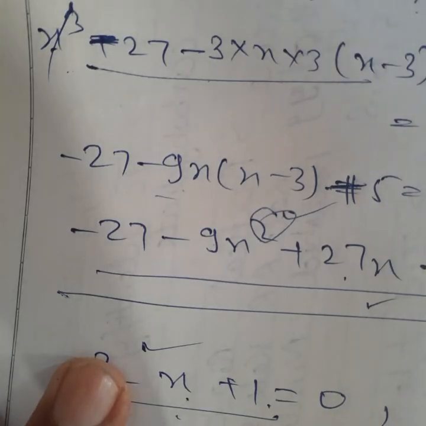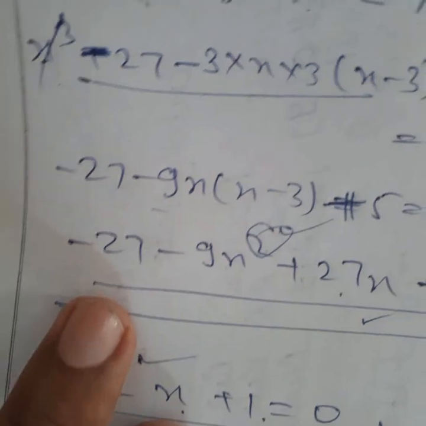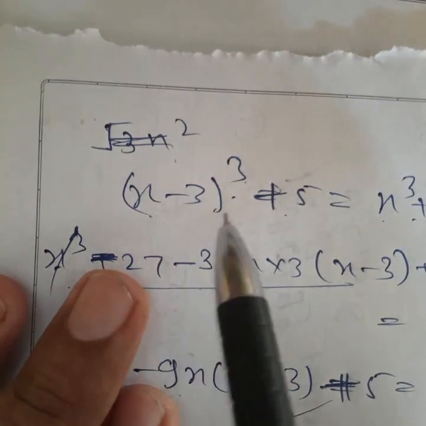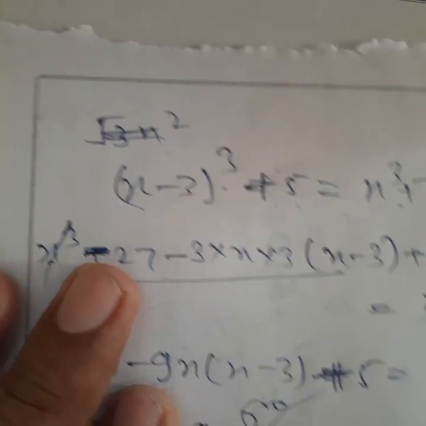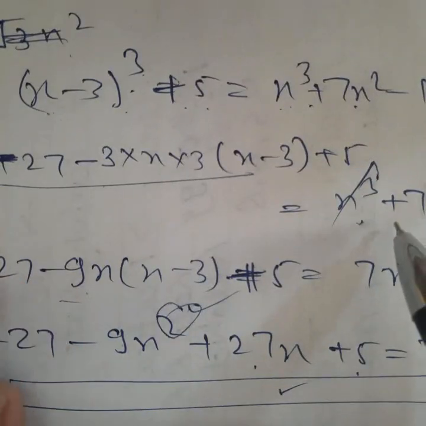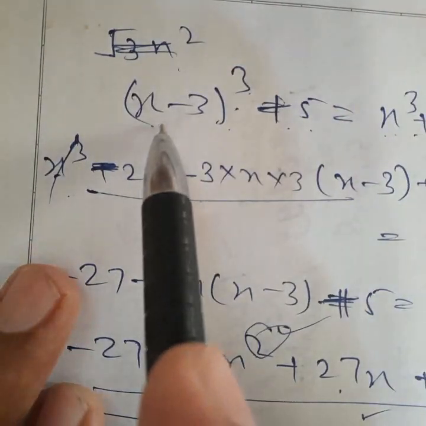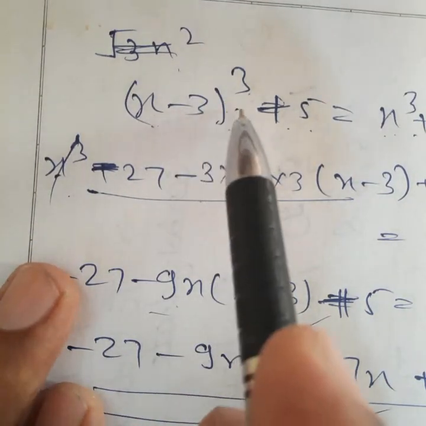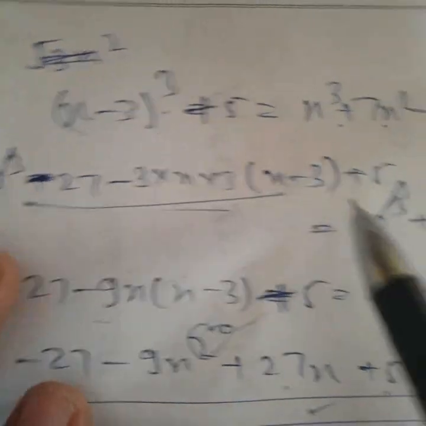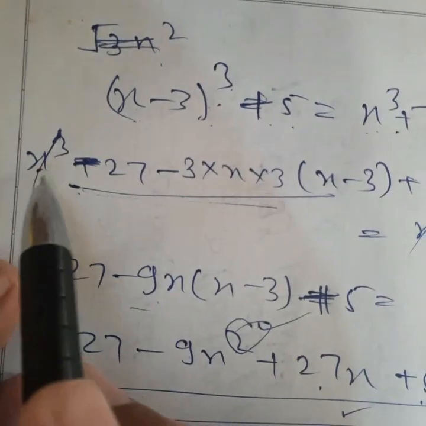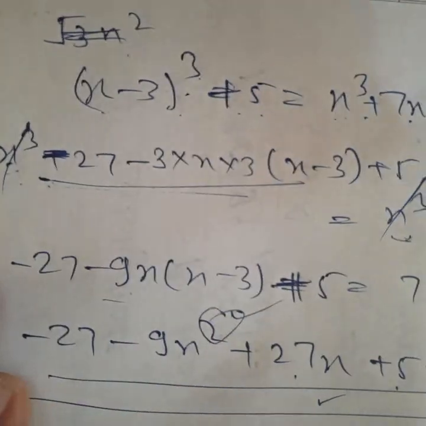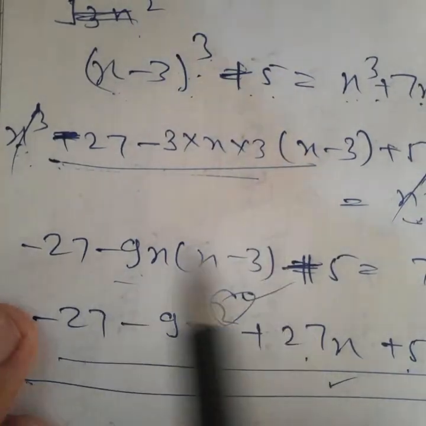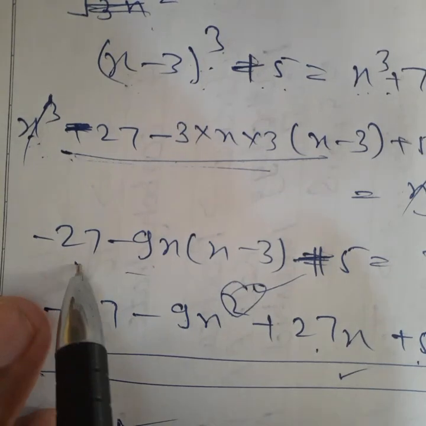Let's start solving part 3 of question number 1, which is x minus 3 whole cube plus 5 is equal to x cube plus 7x square minus 1. Now we can expand x minus 3 whole cube like this. We can see that x cube is appearing on both sides, so both x cube will get cancelled. Now the remaining part is minus 27.